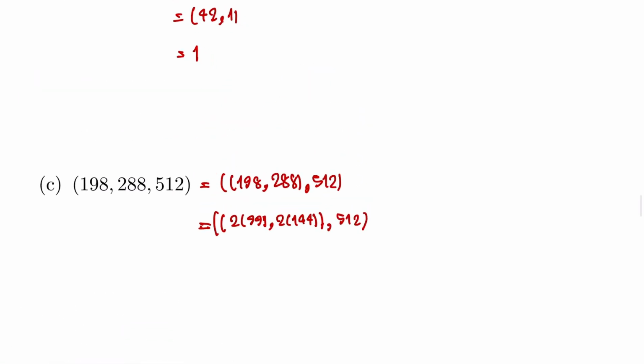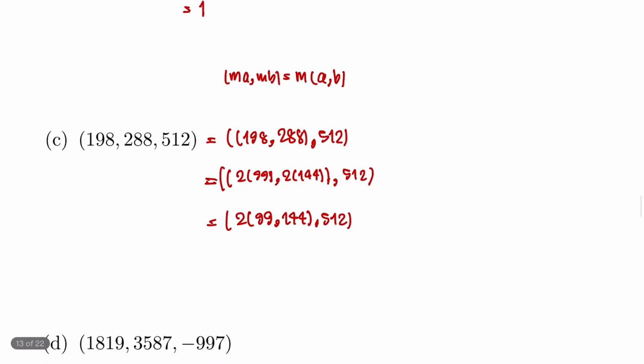Do not forget that if you have the greatest common divisor of MA and MB, it will be equal to M times the greatest common divisor of A and B. So you're gonna have 2 times the greatest common divisor of 99 and 144, and 512.